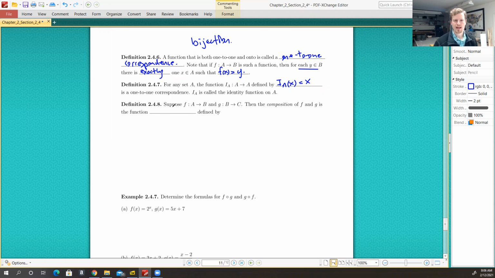So suppose we have a function f from A to B and a function g from B to C. Here we want to define composition.